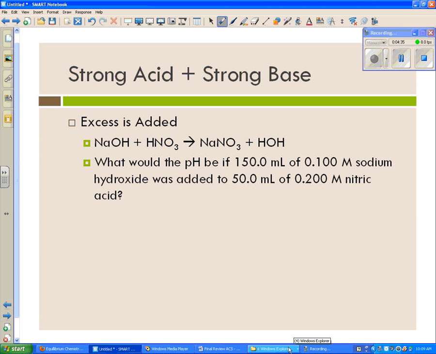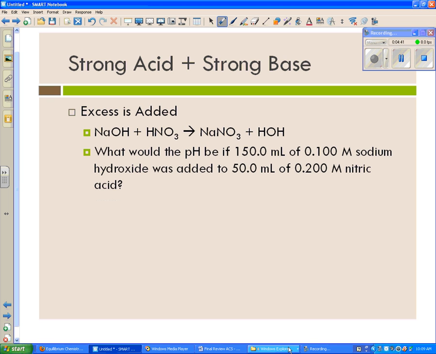What if we add excess? So we reach the point of complete neutralization, and then we continue adding base. Again, we determined that 100 milliliters would be required to completely neutralize this acid solution. We've added now 150 milliliters.